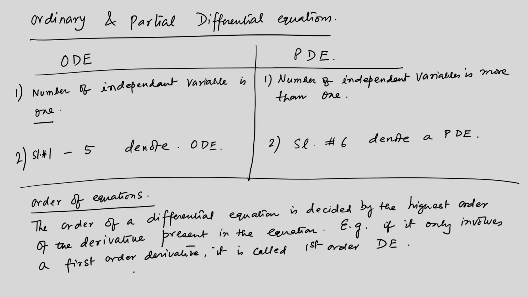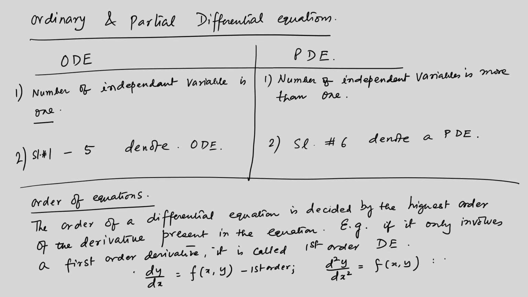So, we have say dy dx is nothing but f of x y and so on, and this is first order, because the highest derivative is just a first order derivative, and d2y dx2 is equal to again say f x y or some other parameter.